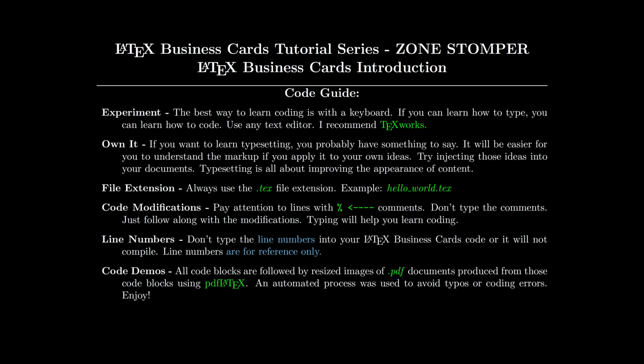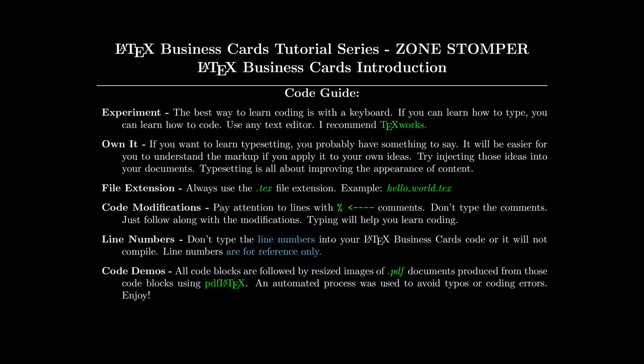Code modifications, we're going to go through a series of changes. Pay attention to the lines with the green arrow comments. Those are the ones to watch. And to the left of the code blocks, you're going to see line numbers, in a kind of light blue color. Do not type in the line numbers. Your code will not compile if you do that. And the code demos.